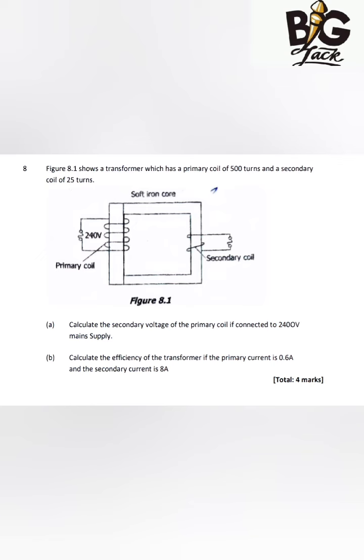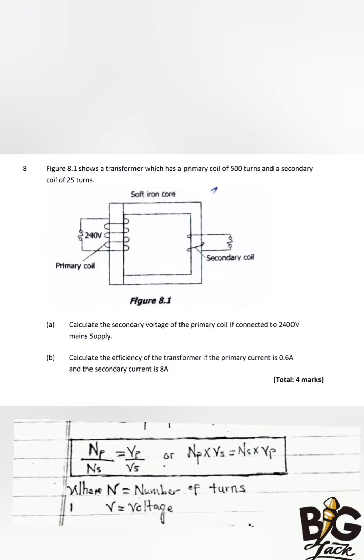The formula is: number of turns on the primary coil over number of turns on the secondary coil is equal to voltage on the primary coil over voltage on the secondary coil. Multiplying out: Np times Vs is equal to Ns times Vp.